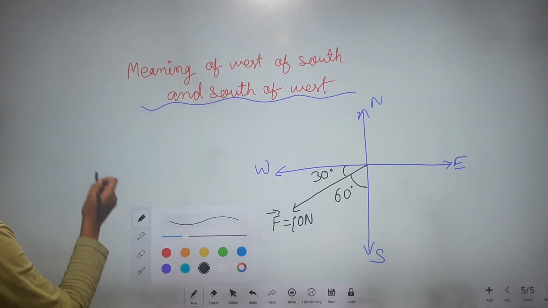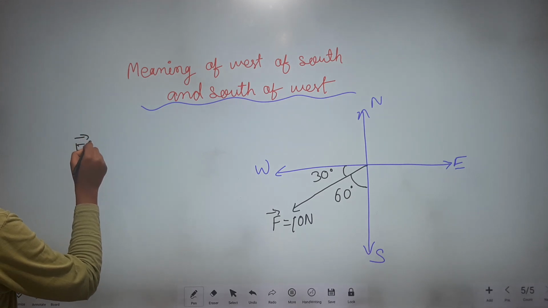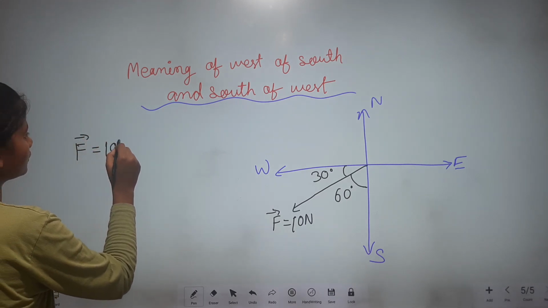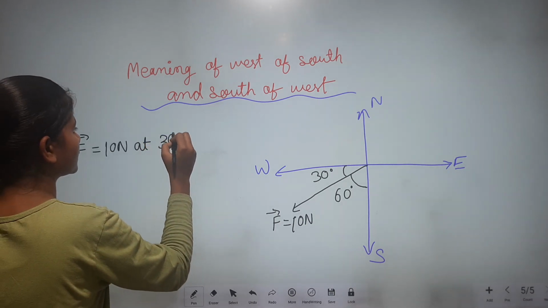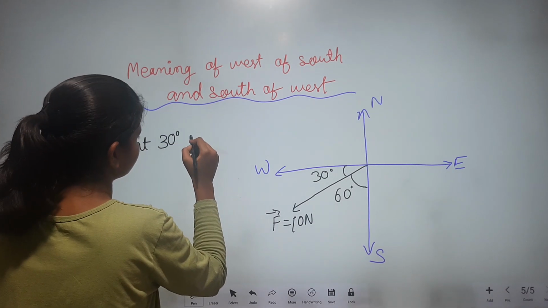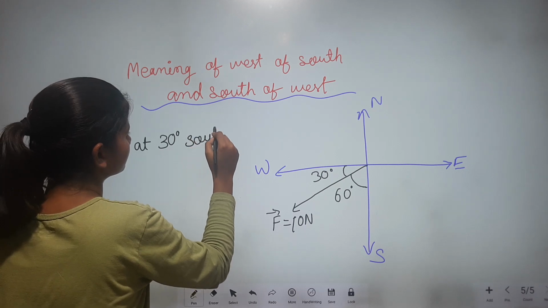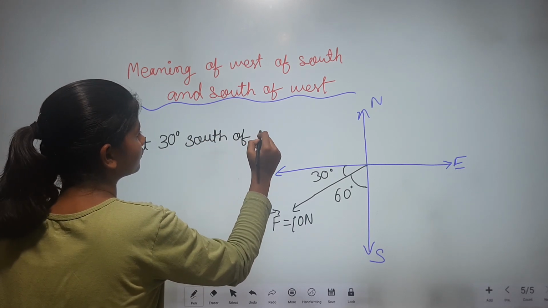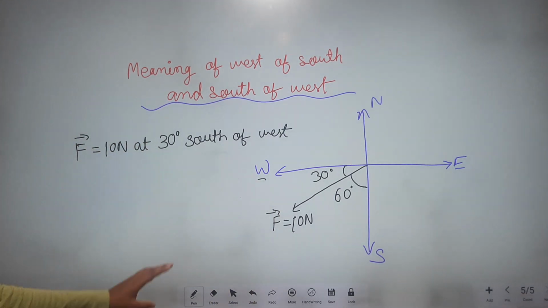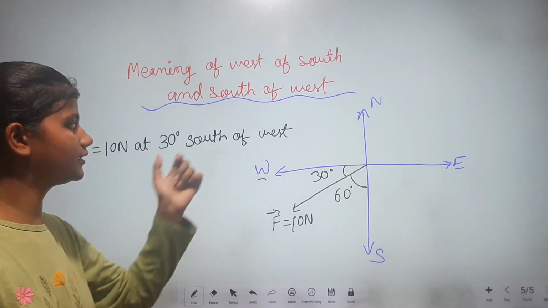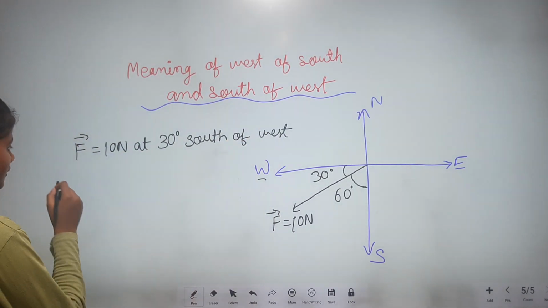So here we can write force is equal to 10 Newton at 30 degree south of west. Okay, because 30 degree is formed with south. Okay, that's why it is written last.